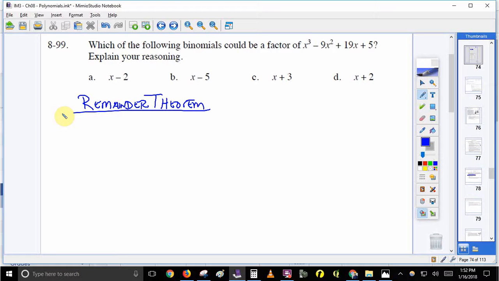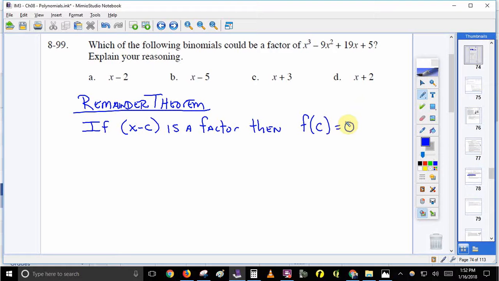So the remainder theorem says that if x minus c is a factor, then f of c will equal 0.